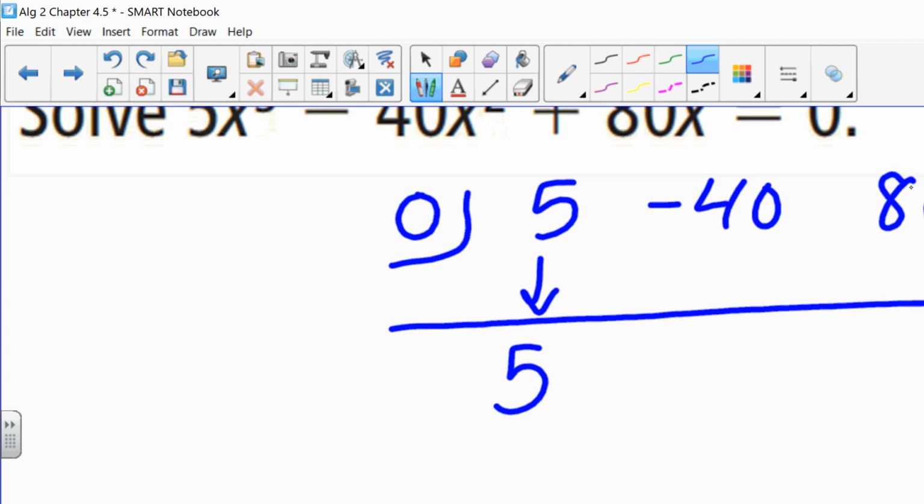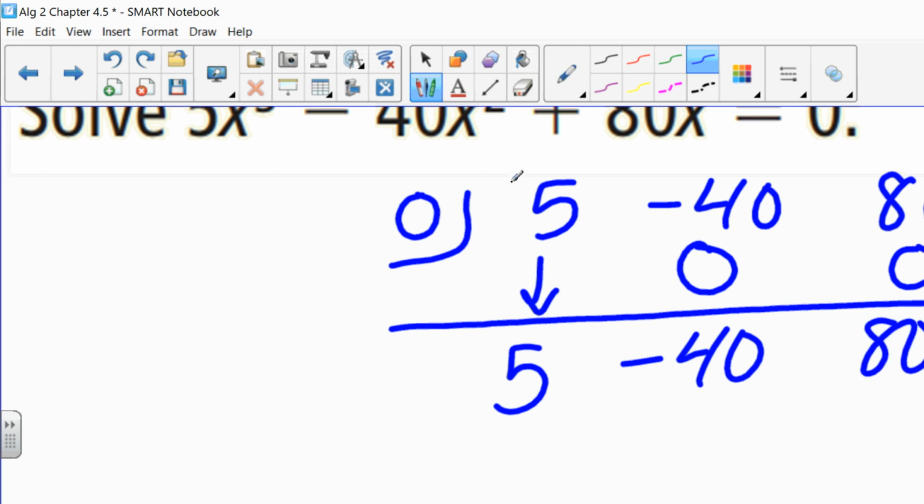And 0 times 5 is 0. Negative 40 plus 0 is negative 40. 0 times negative 40 is 0. 80 plus 0 is 80. And 0 times 80 is 0. Then 0 plus 0 is 0. And that'd be our remainder.